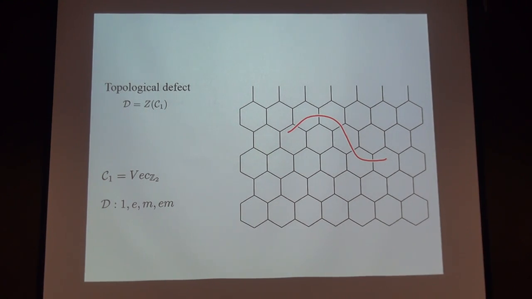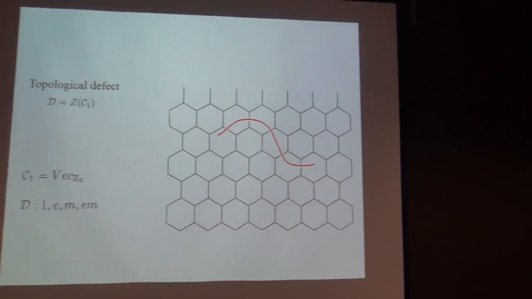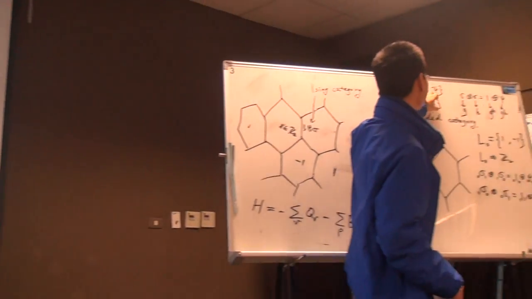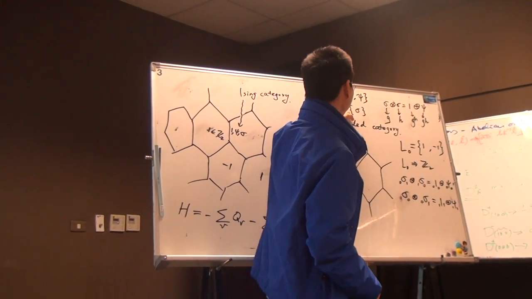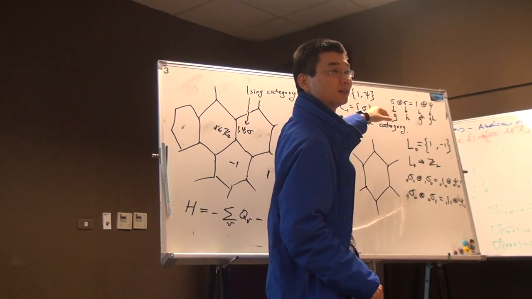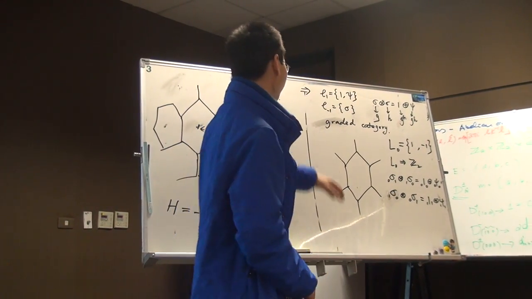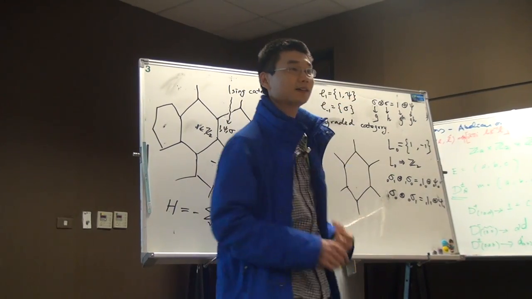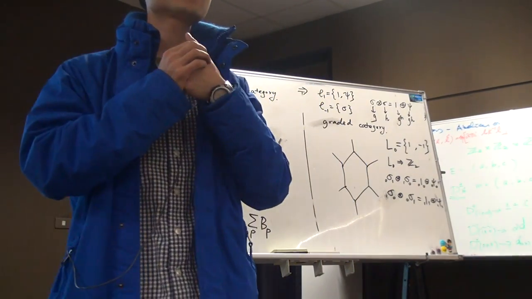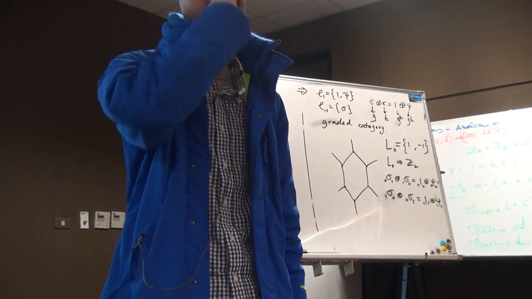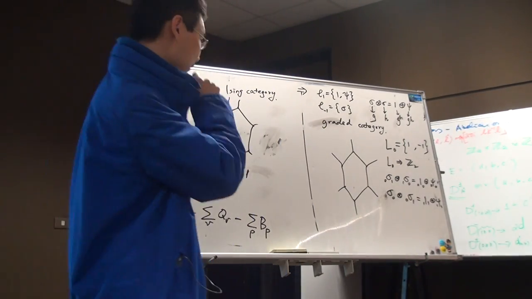In the Levin-Wen model defined in terms of the Ising data, if we divide the three labels into two sets, one set is 1 and psi, and the other set is sigma, with this Z2 grading, then we will see the first set, 1 and psi, forms a Z2 subset.